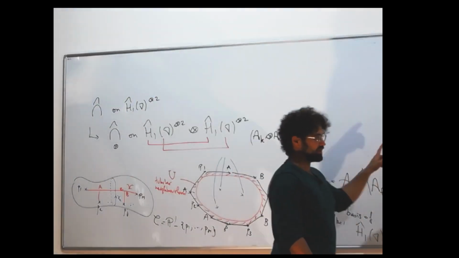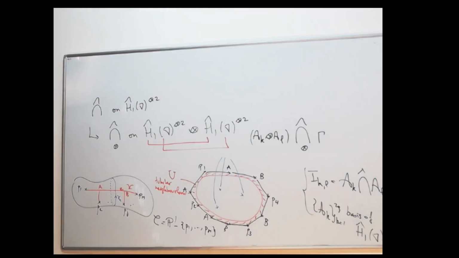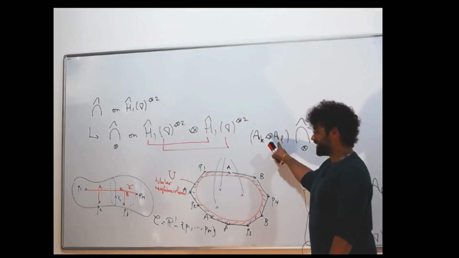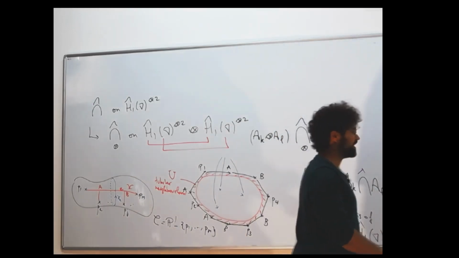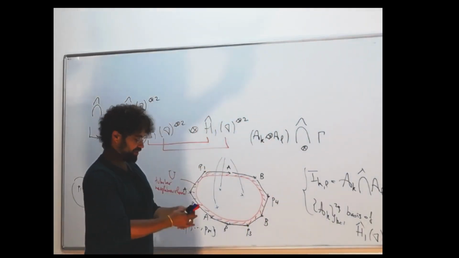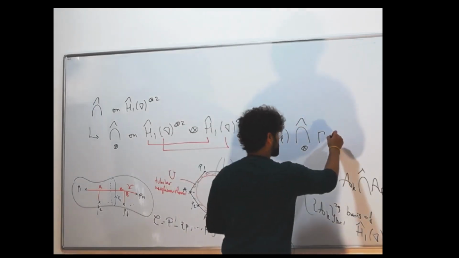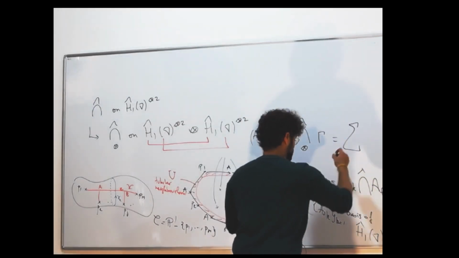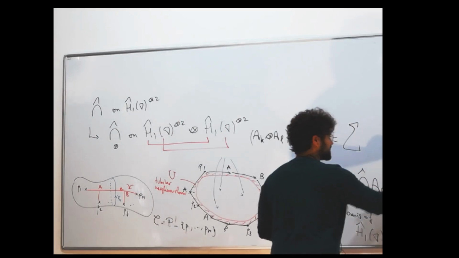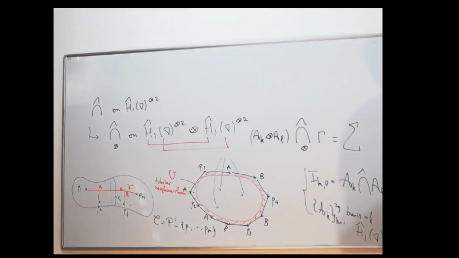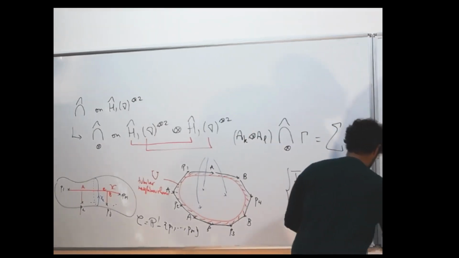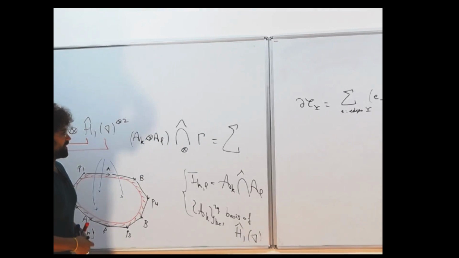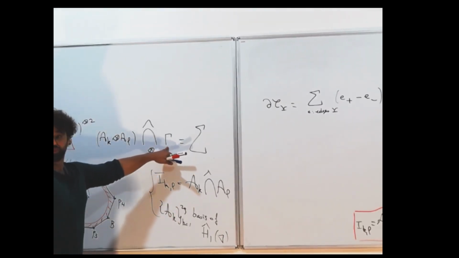First and third, second and fourth. The first and third will give us, so you just have to expand gamma.